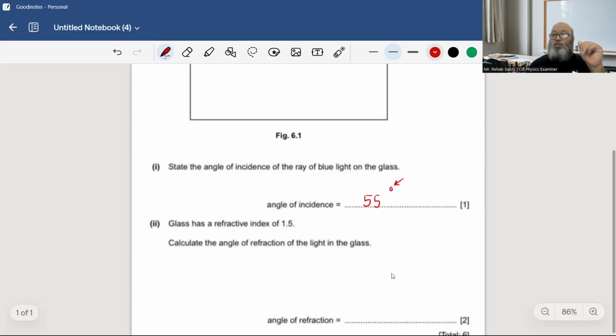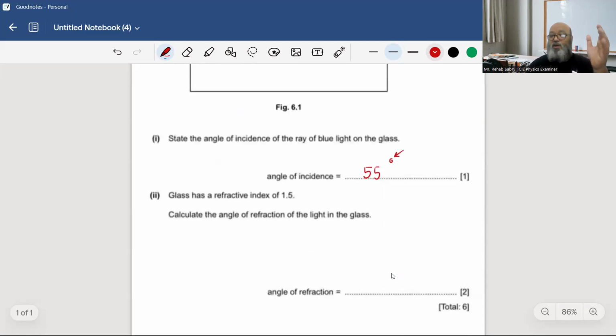Question 2 says that the glass has a refractive index of 1.5. So this is a given: refractive index n equals 1.5. Calculate the angle of refraction. So we want to find r, which is the angle of refraction.